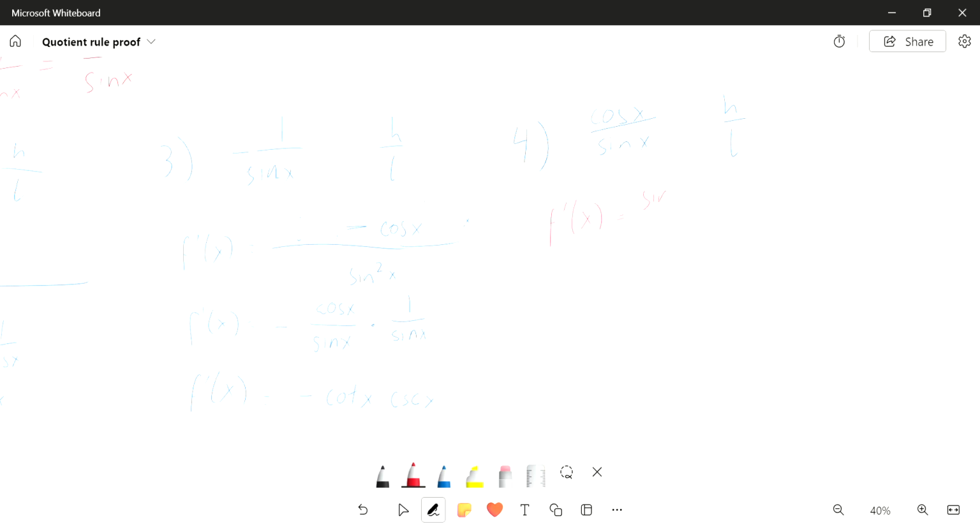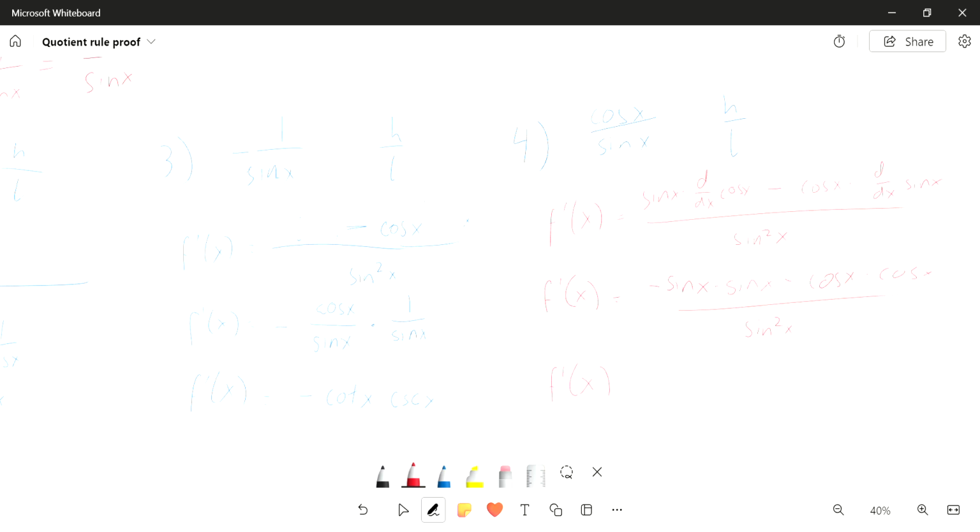So that means we have sine x times the derivative of cosine x minus cosine x times the derivative of sine x all over sine x squared.